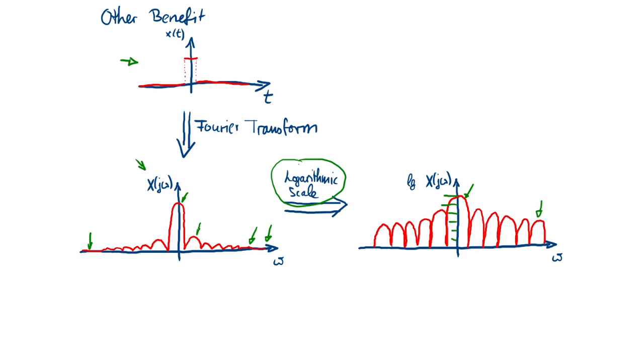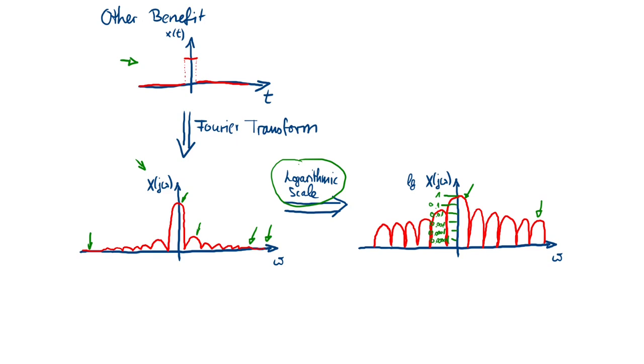So this is maximum 1, and because it's logarithmic, more zeros are added in between and so on.